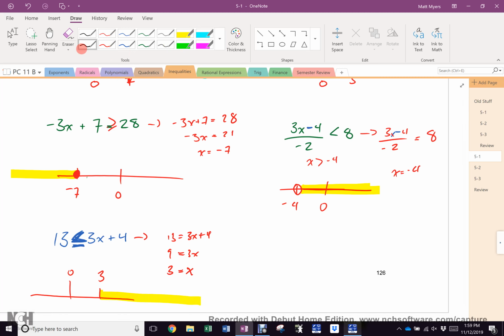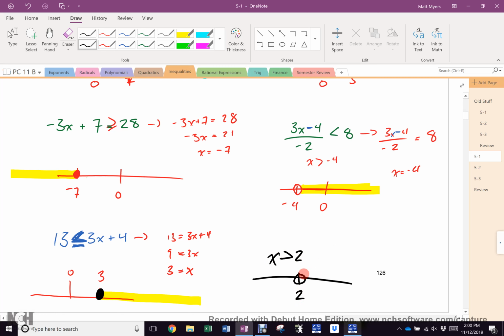Solid or not? Solid. Because it's equals. Right? Now, let me ask you this. How would you graph that? You've got the answer. How would you graph it? Two. What do I do with the 2?